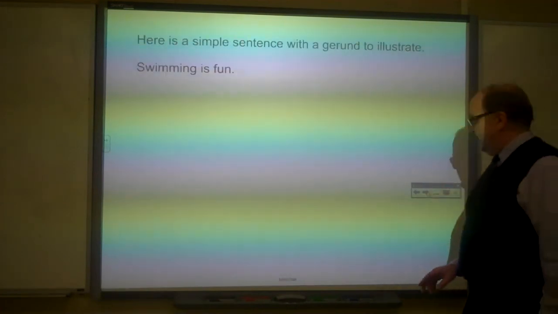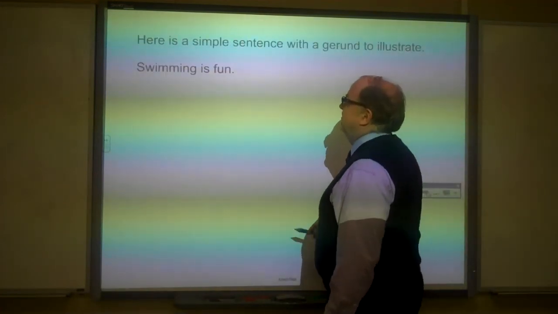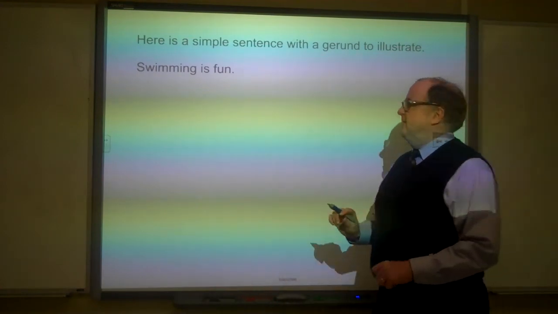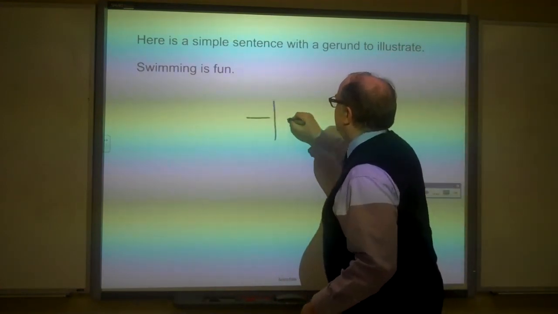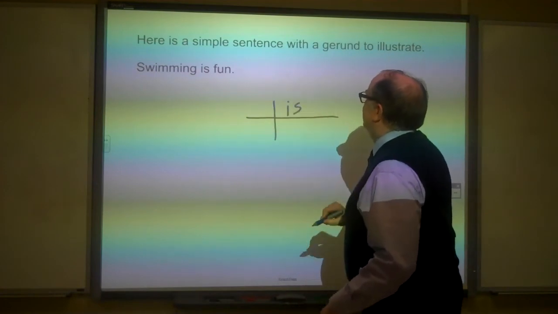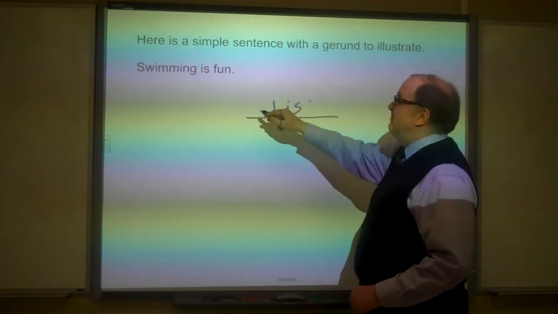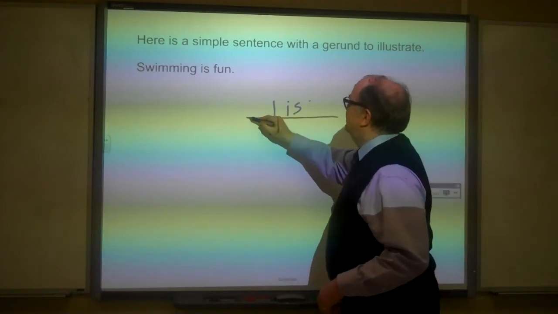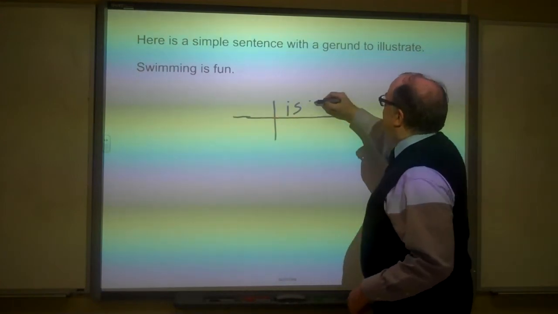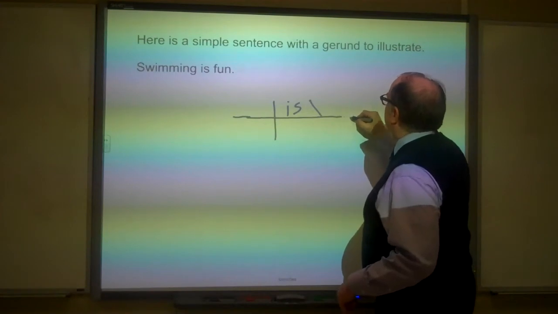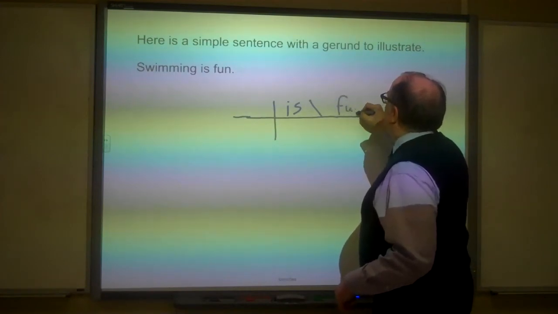Okay, here's a simple sentence with a gerund to illustrate. Swimming is fun. Okay, very simple. Is the verb. Swimming, of course, is the subject. What is fun? Swimming is fun. Let's just do the complement to take care of that. Of course, it's a predicate nominative.